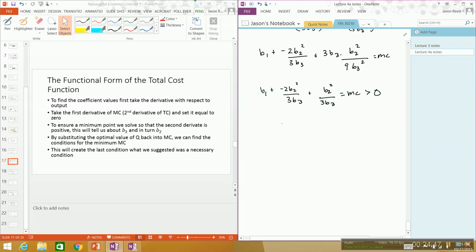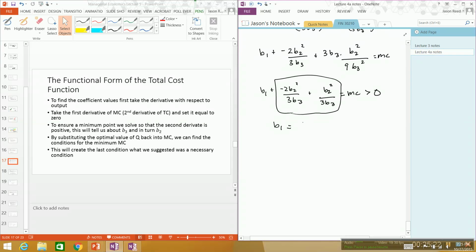so what we now want to do with this is we can set beta 1 plus beta 2 over 3 beta 3 equal to each other. The reason we're doing this is because from this relationship, we should have negative 1/3 beta 2 squared over beta 3.